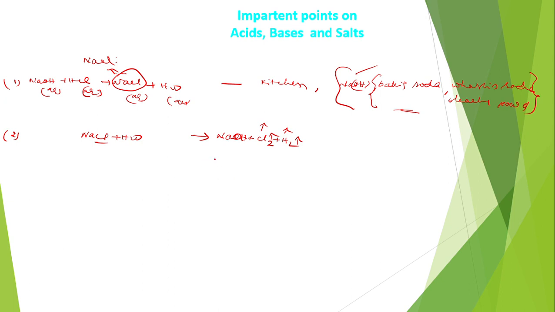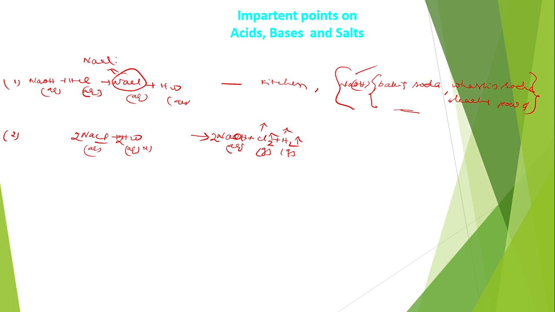Okay, now we go to the balancing part. 2 NaCl, 2 H2O, 2 NaOH, Cl2, H2. This is gas, this is gas, this is aqueous, and this is also aqueous.